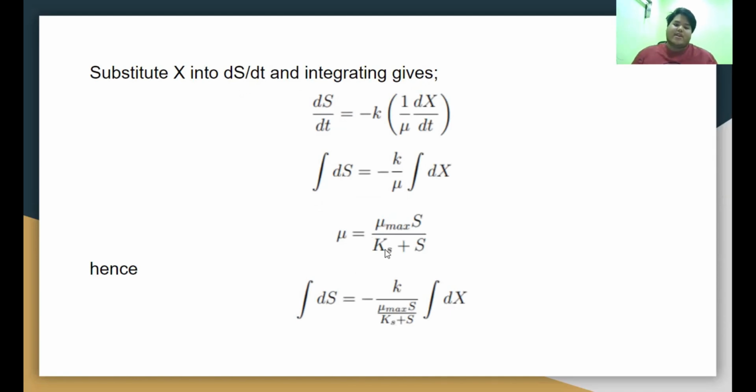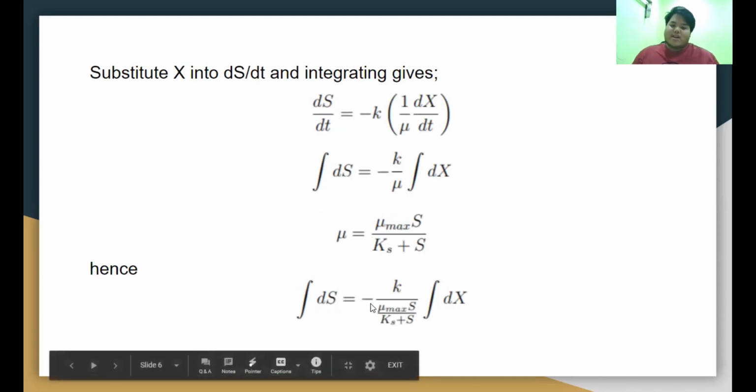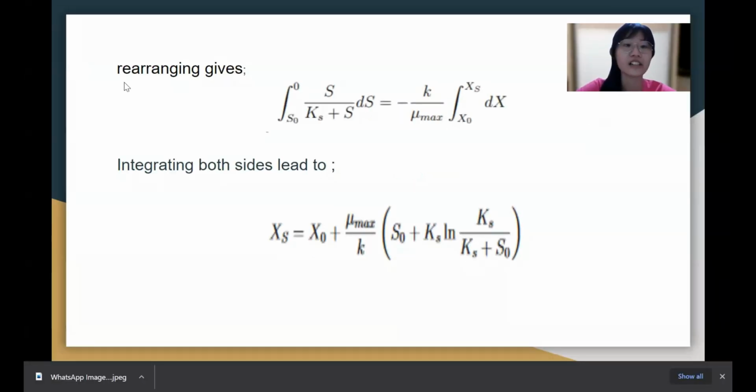Then we get mu ds equals negative k over the Monod equation mu, integral of dX. Okay, so rearranging gives the equation, integral from 0 to S0 of S over Ks plus S dS equals negative k over mu max, integral of dX from X0 to X.